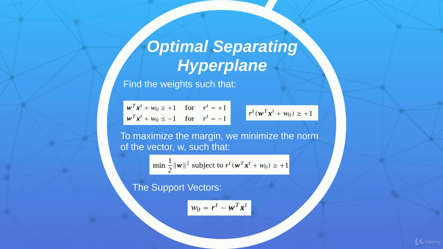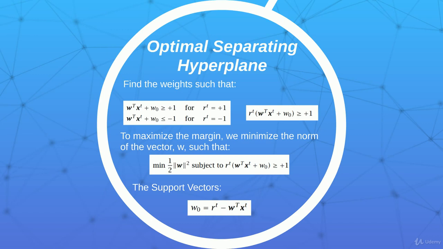And these data points are known as the support vectors and can be used to calculate w naught using the equation you see here at the bottom. So each individual point can be used to solve for W naught here, and then for numerical stability, it is advised that this be done for all support vectors and an average taken. The discriminant thus found is called the support vector machine.